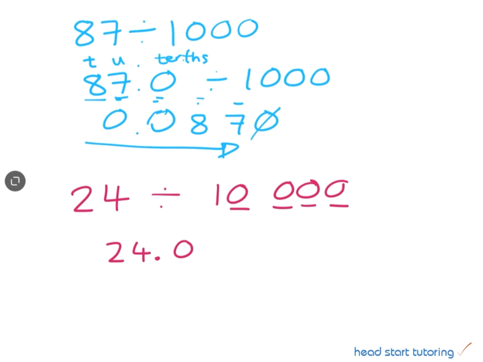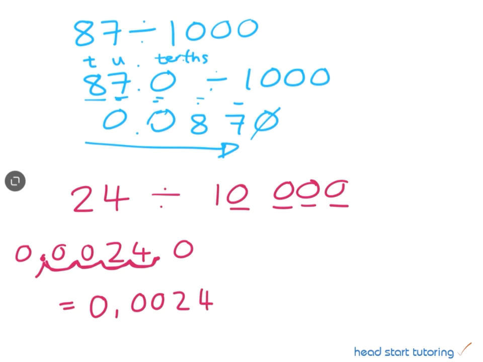But what we can also do is bring in 4 decimal places with our decimal point. So 1, 2, 3, 4. There's our new decimal point. We just need to put in our placeholders there. So we end up with an answer of 0.0024.